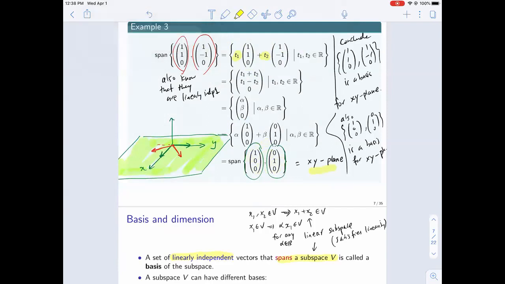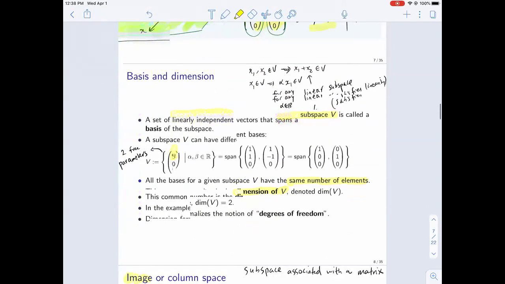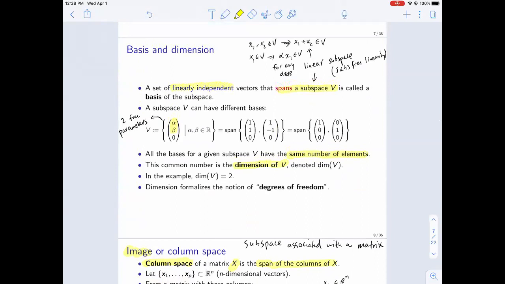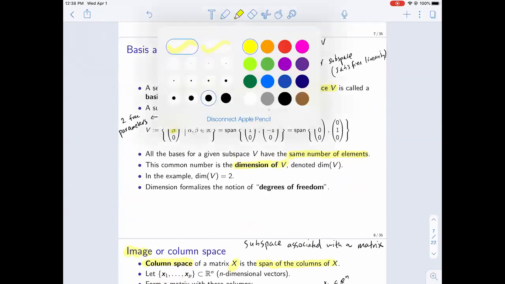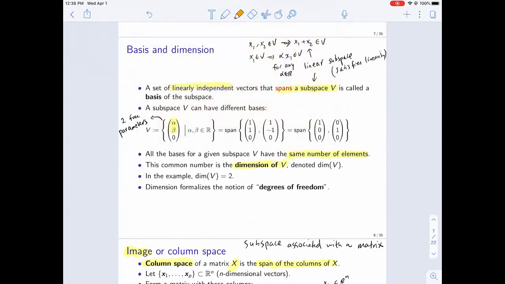One general result in linear algebra is that all the bases for a given subspace have the same number of elements.